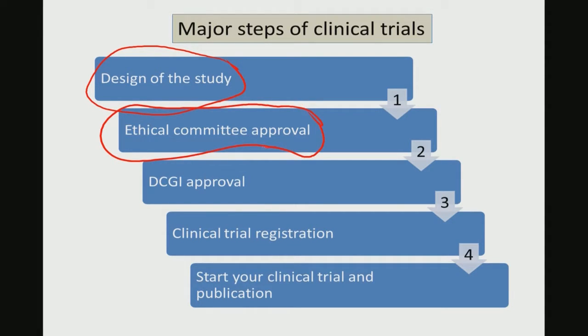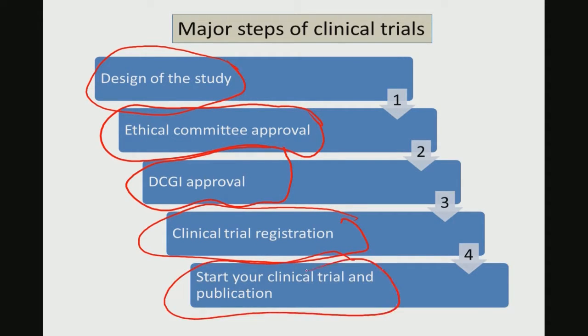As I said, in India, the Drug Controller General of India approves this kind of clinical trial. Then the clinical trial is registered, and then you can start your clinical trial and finally publish the results. So, as you can see from this brief description of the major steps, it is quite a challenging task and requires a very strict approval process at different stages.